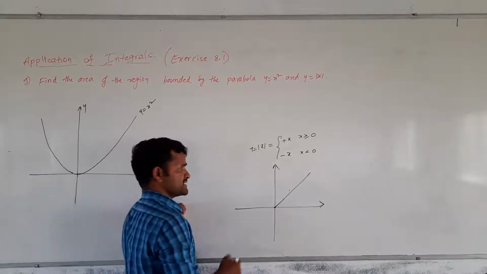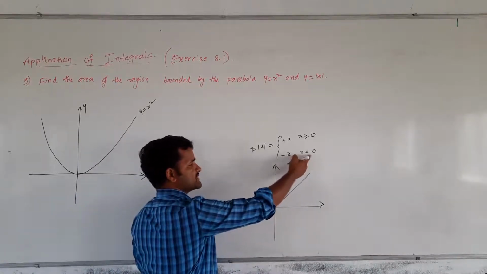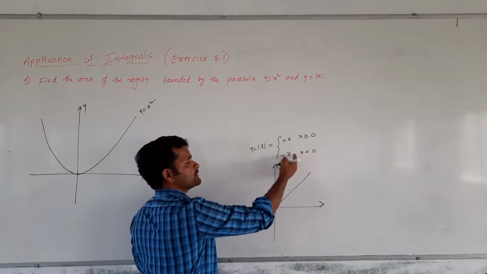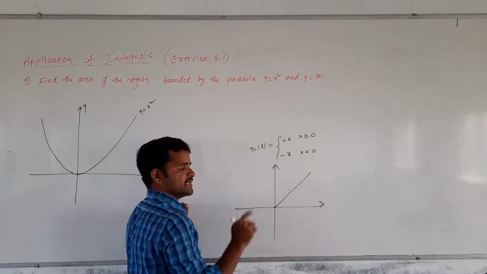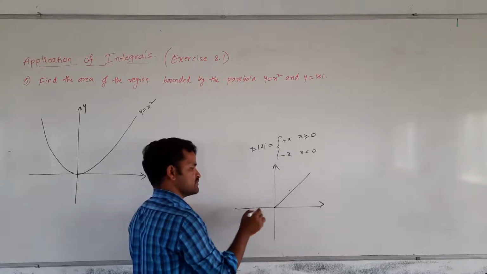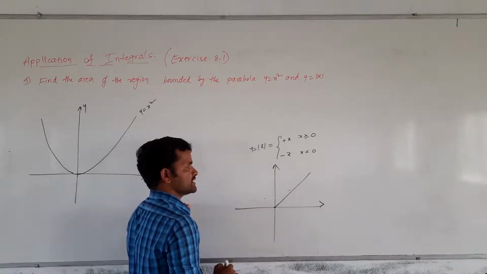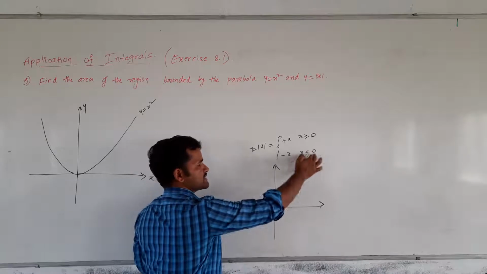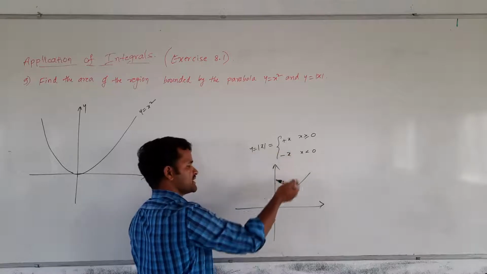What happens on the left hand side? When x is equal to minus 1, this condition is satisfied, minus 1 is less than 0, so the value is minus x, modulus of x equal to minus x. At x is equal to minus 1, minus minus plus, so the point is minus 1 comma 1. In the same way, substitute x is equal to minus 2, minus 2 less than 0 condition is satisfied, y is equal to minus of minus 2, minus minus plus 2.